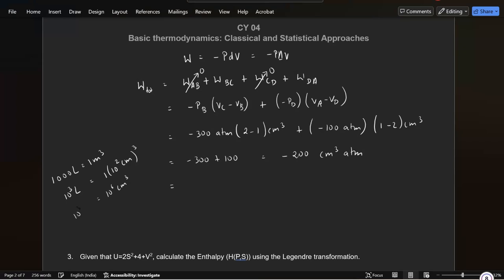For 3 liters. So 1 centimeter cube is equal to 10 power minus 3 liter. So minus 200 into 10 power minus 3 liter. Okay.